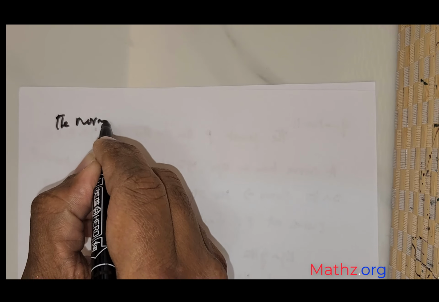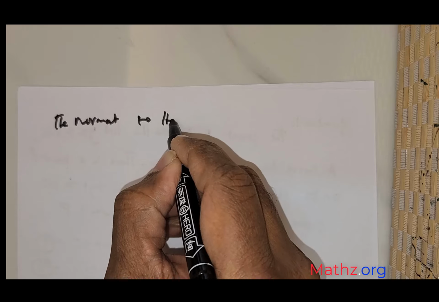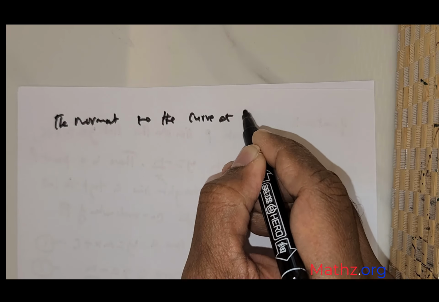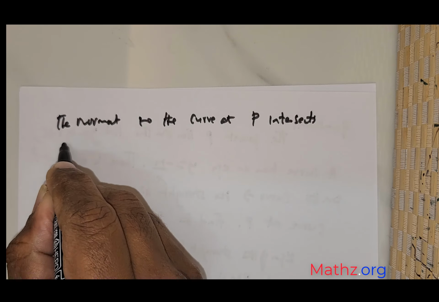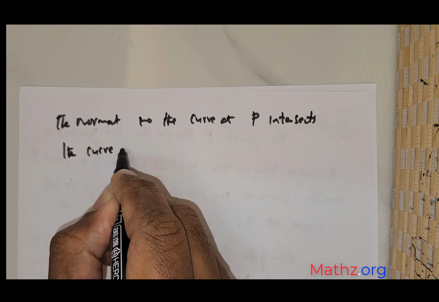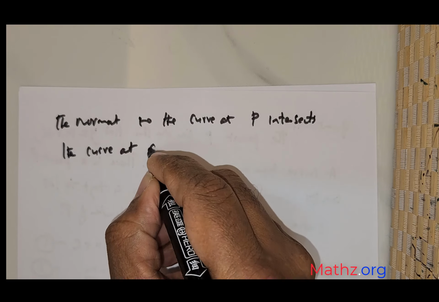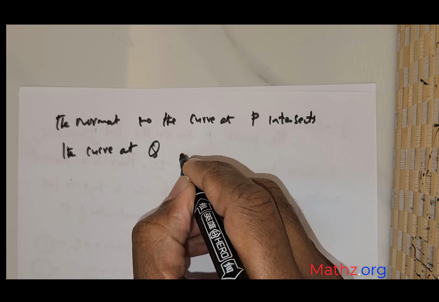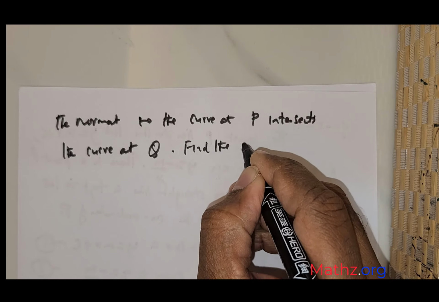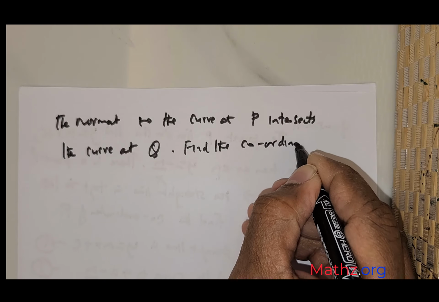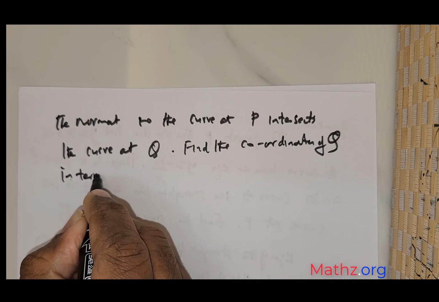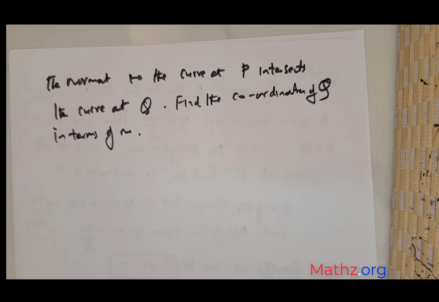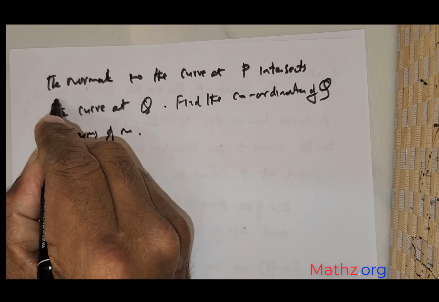The normal to the curve at P intersects the curve at Q. We are asked to find the coordinates of Q in terms of m. Okay, so having got that, we will have to proceed with the solution.